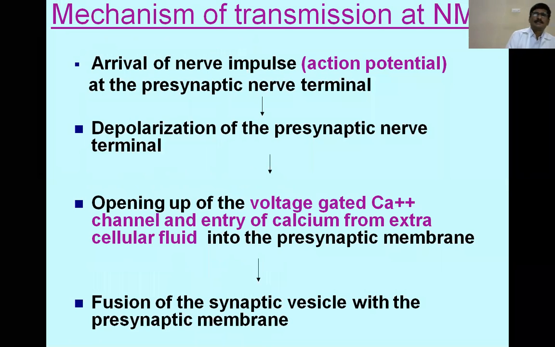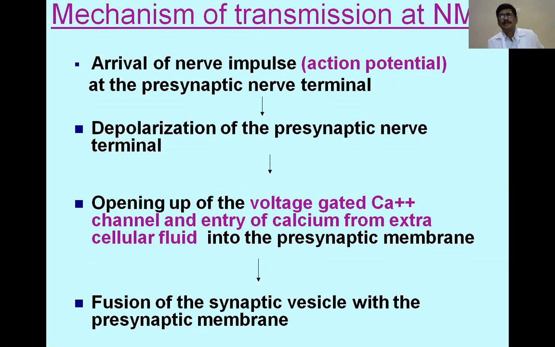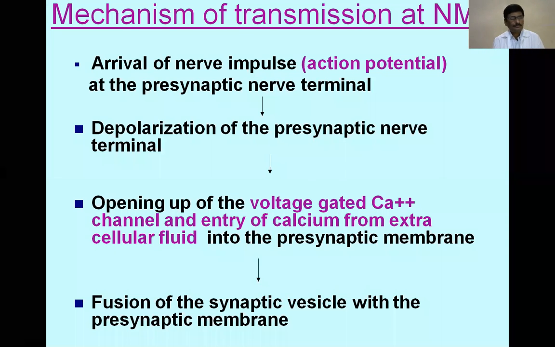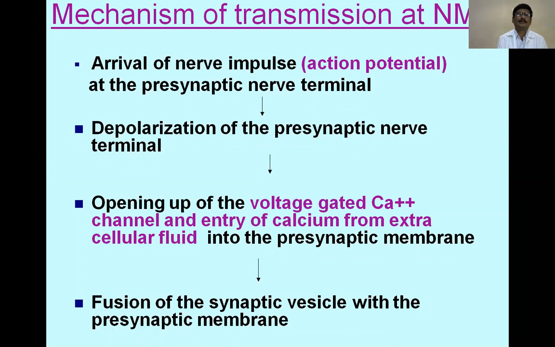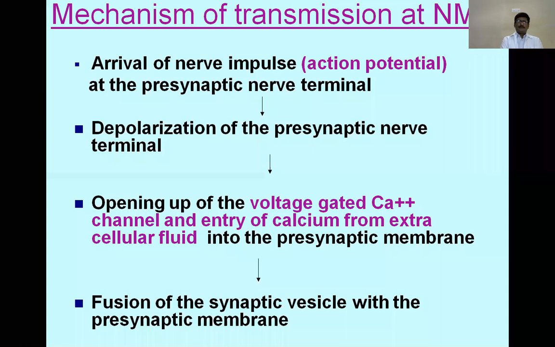Now, how does transmission of the impulse from neuron to muscle occur? There is an intent for any muscular activity, which causes the arrival of an impulse along the alpha motor neuron.